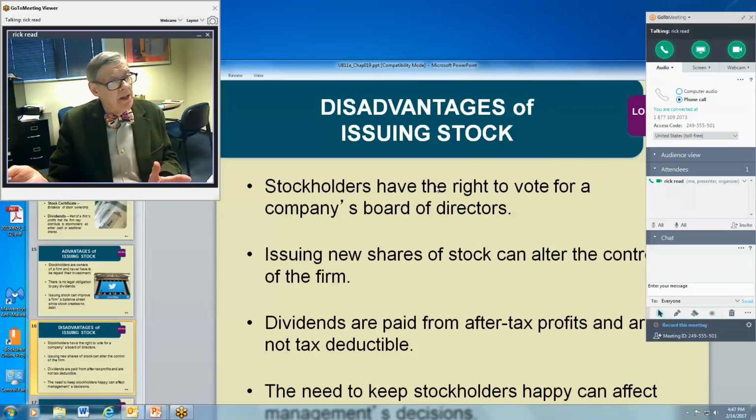Dividends are paid after taxes, and that's not a business expense. And then there can continually be a fight between stockholders and management. Stockholders are becoming a little more active or proactive today and not taking the company line.